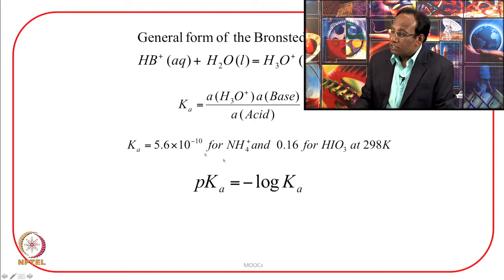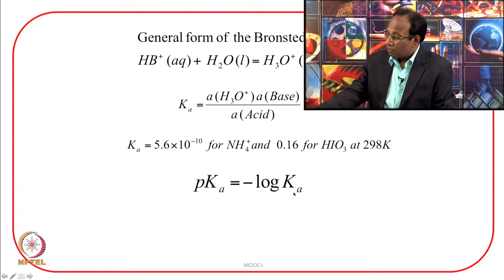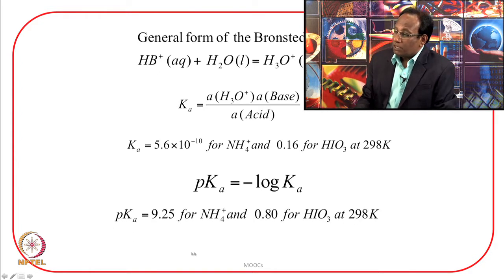And when you substitute these Ka values for NH4 plus and HIO3, what do you get? We get pKa as 9.25 for the ammonium ion and 0.80 for HIO3. You see there is a negative sign here, and that takes care of the very small value of Ka. Since Ka for the ammonium ion was very small, the pKa value turns out to be very high.